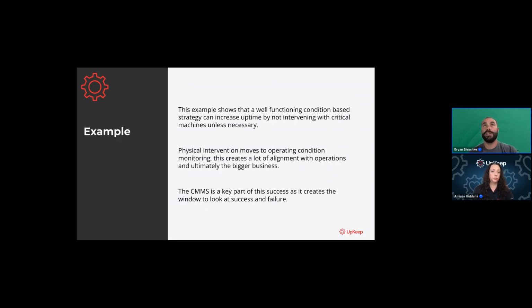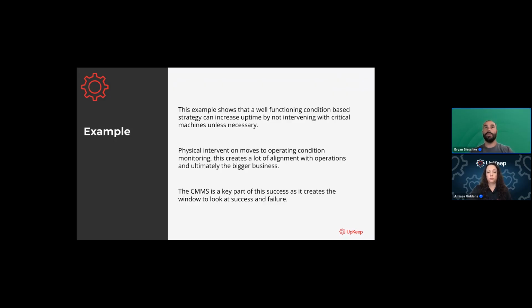Okay. The example shows that a well-functioning condition-based strategy can increase uptime by not intervening with critical machines unless necessary. My example there of just maintaining machines because manufacturer X says every 3 months we need to do this: why? Are we even uncovering any issues? Are we generating corrective work from this work?